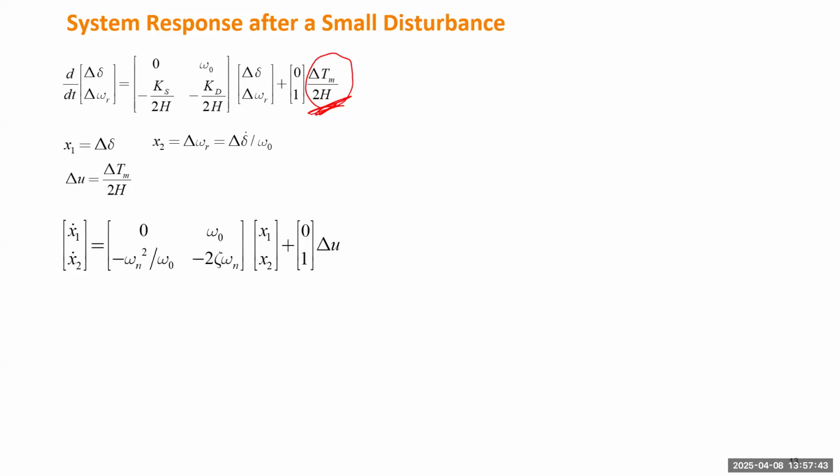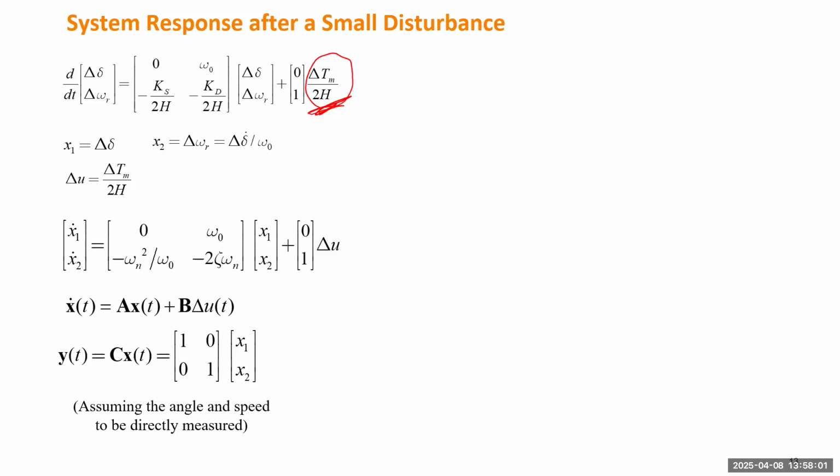All right, so we replace delta and omega by S1 and S2. We'll have this equation. We match this one to the standard state space representation. We can assume some output.